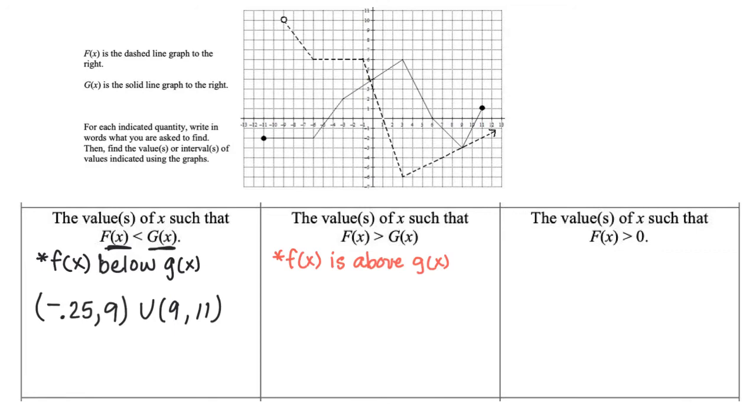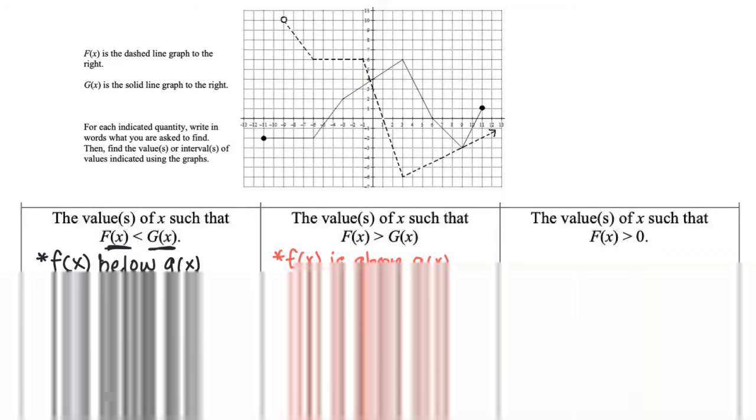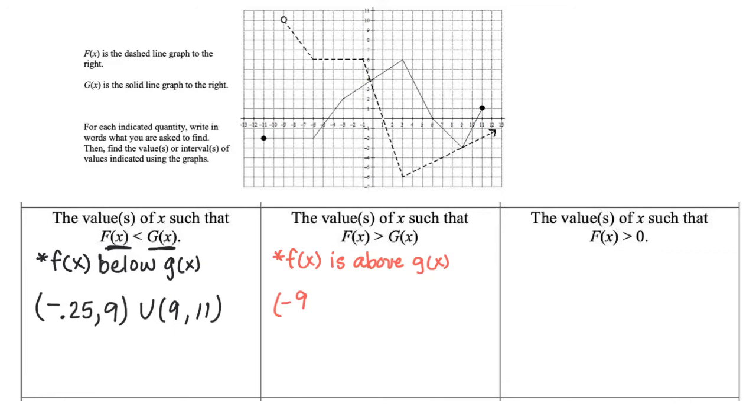Looks like we're going to start at negative 9 and go to negative 0.25. So negative 9 to negative 0.5. That's everywhere that f of x, the dashed line, is above the solid line.